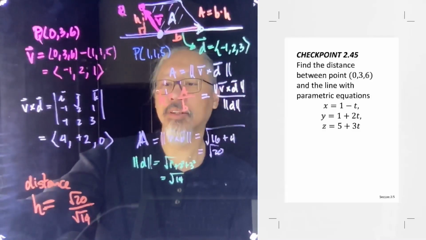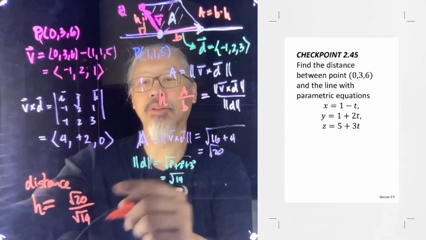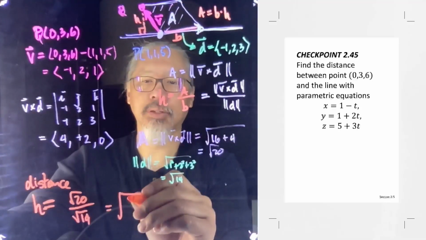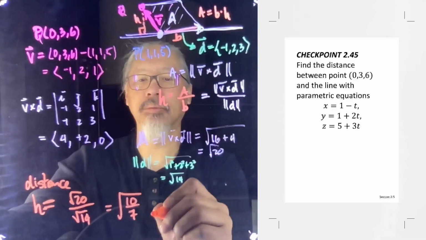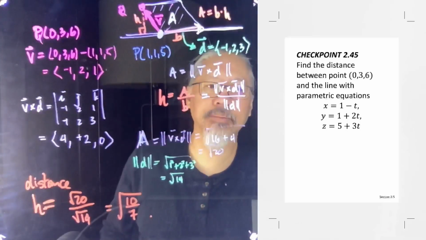Okay, I suppose that's good, and I suppose you can also simplify just a tad bit. They're both divisible by 2, so that's 10 over 7. We can put it all under 1 square root. Okay, that's it. I hope that helps.